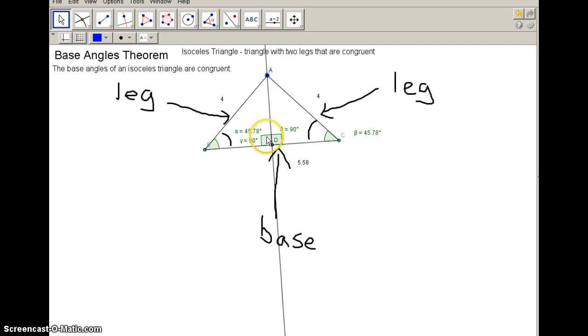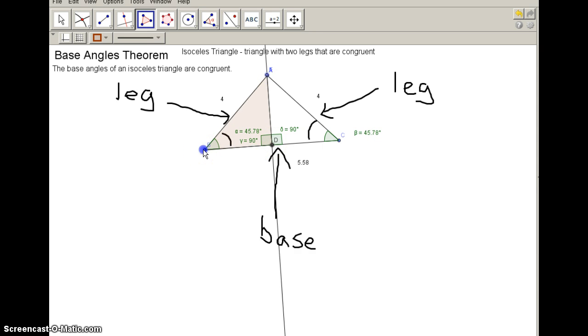So what do we have? Well, this angle here is congruent to that angle there. But also we've formed two triangles. So what do we know about these two triangles? Let's actually look at those triangles. I'm going to make those triangles.